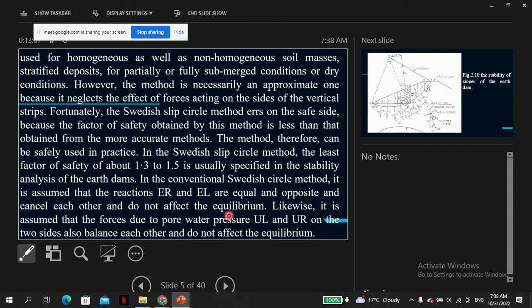However, the method is necessarily an approximate one because it neglects the effect of forces acting on the side of the vertical strips. Fortunately, the Swedish slip circle method errs on the safe side because the factor of safety obtained by this method is less than that obtained from the more accurate methods. So this method is a little bit conservative, but is simple. So this is why it is preferred.